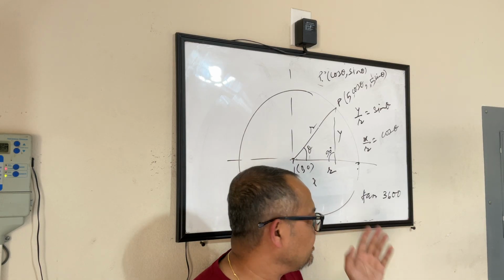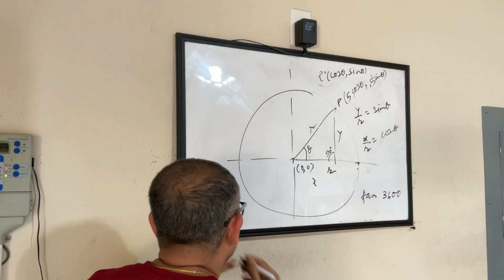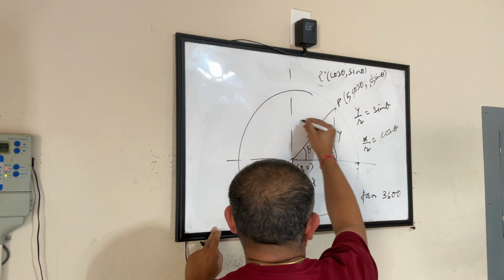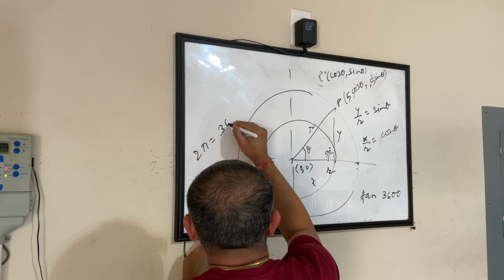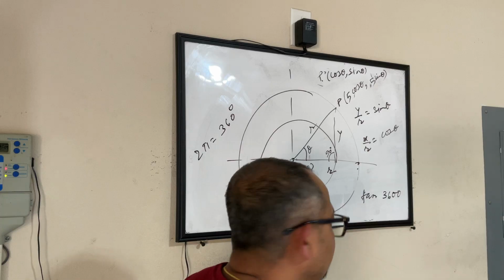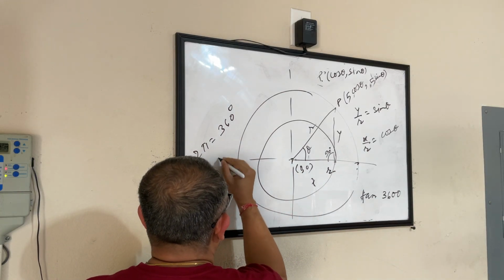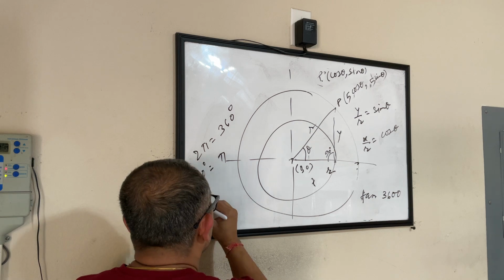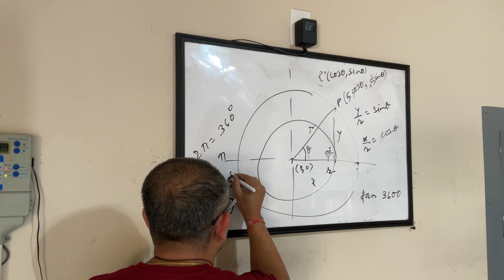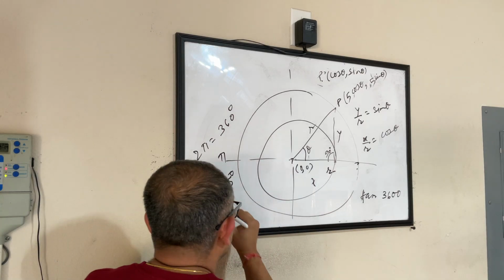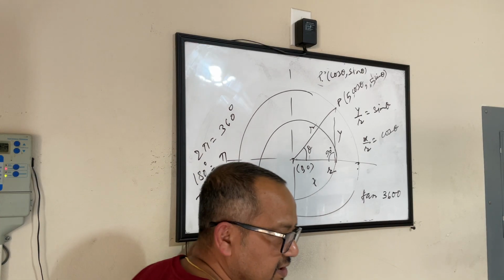But I'm not going there because it's fairly straightforward. 360 degree makes 2 pi radian, so 2 pi is equal to 360 degree. 180 degree is the same as pi radian. If somebody says pi by 4, it is nothing but 180 by 4, which translates to 45 degree. If somebody says pi by 2, it is nothing but 180 by 2, 90 degree.